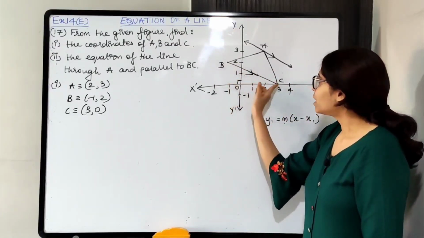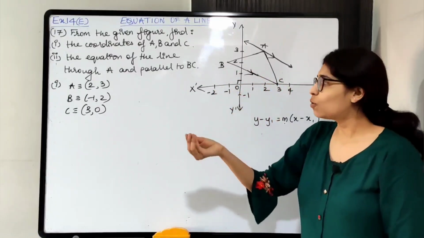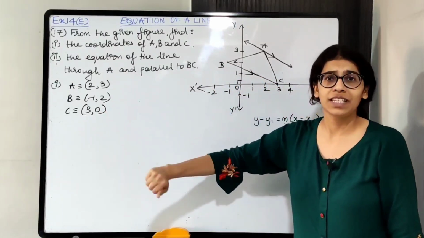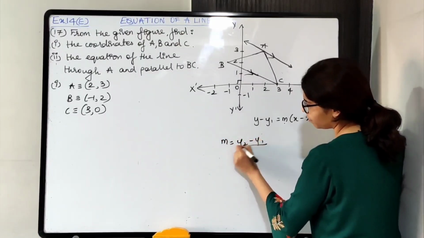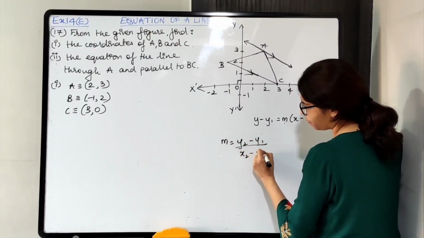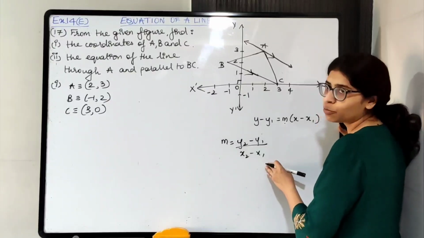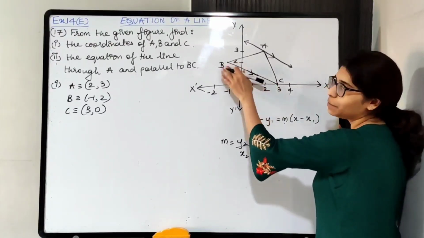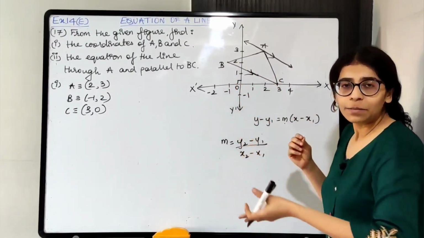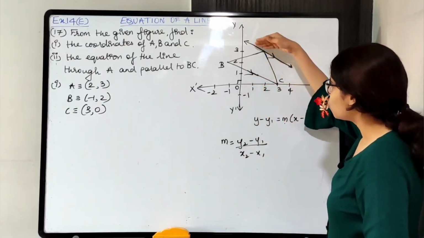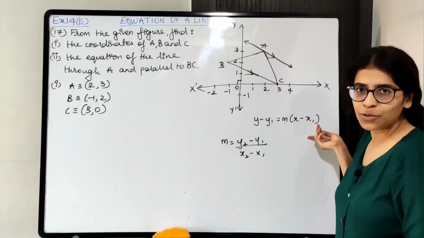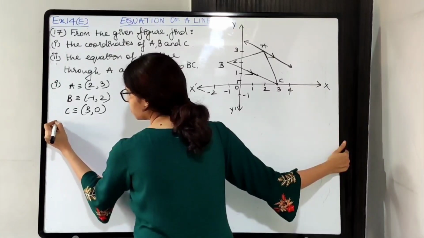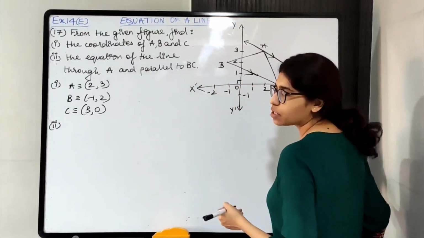BC का slope also I can easily find because I have coordinates of B, I have coordinates of C. Use the formula. So using this formula, I'll easily get BC का slope. First we'll find BC का slope, then we'll get the slope of this line. Once you get the slope, frame the equation. Okay. So we'll find the slope of BC.